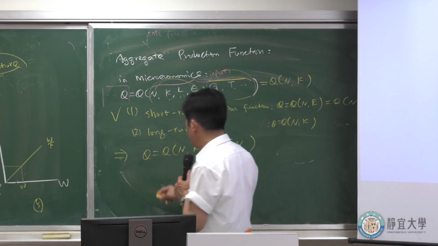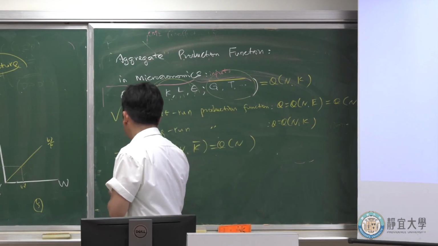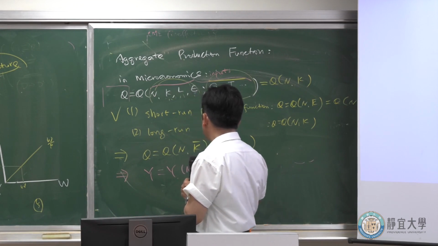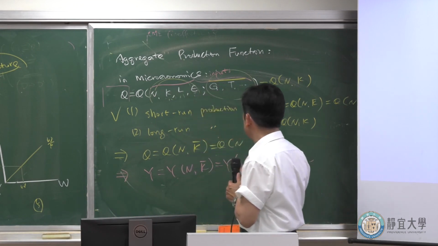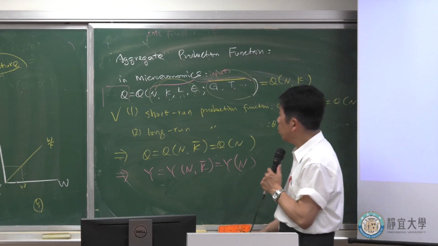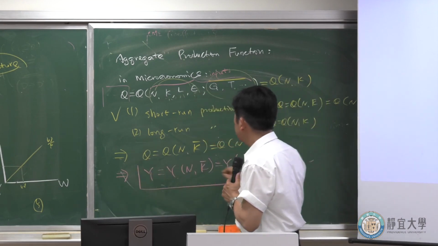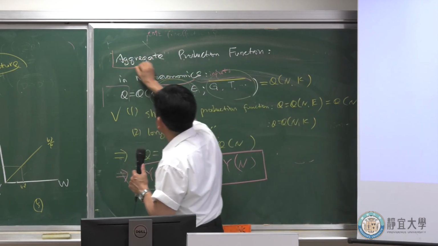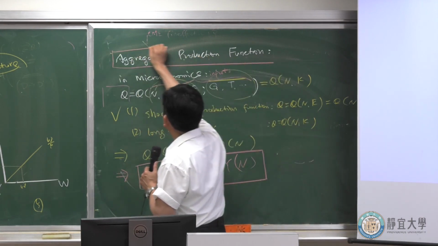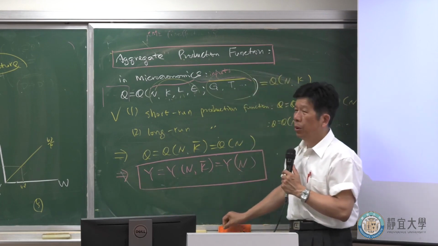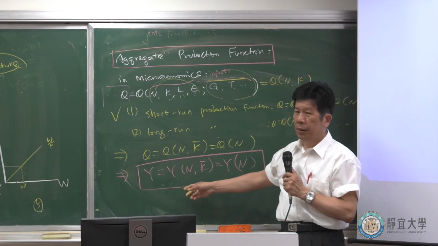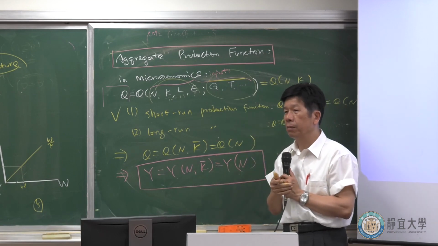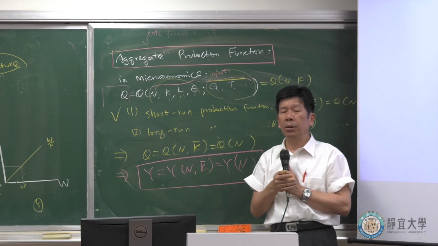So here we can change this to Y equals Y of N and K bar, and Y of N. This one we just call the aggregate production function. Can you understand?